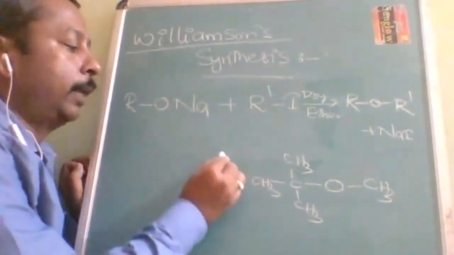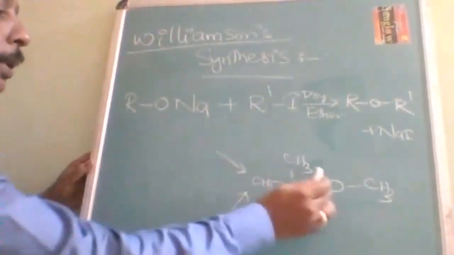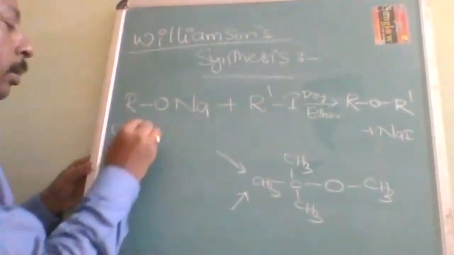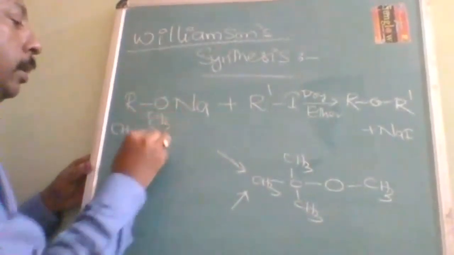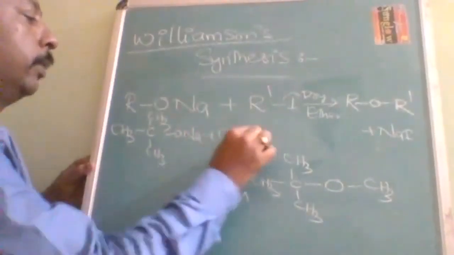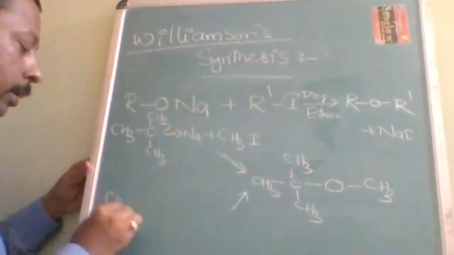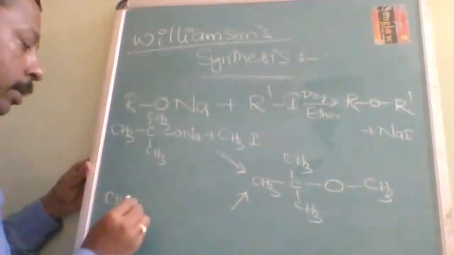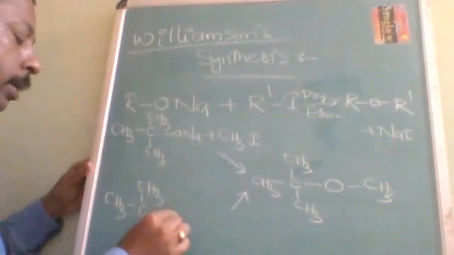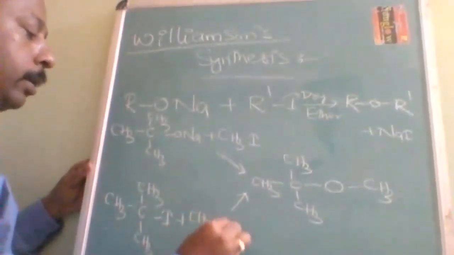Okay, so I can prepare it from two different sets of reactants. First, I can write sodium CH3ONa, when treated with the iodo compound. This is one route. And another route is the other alkyl iodide with CH3ONa.